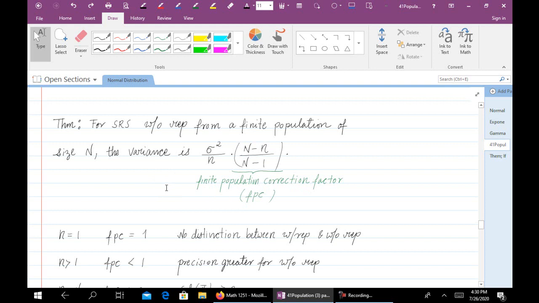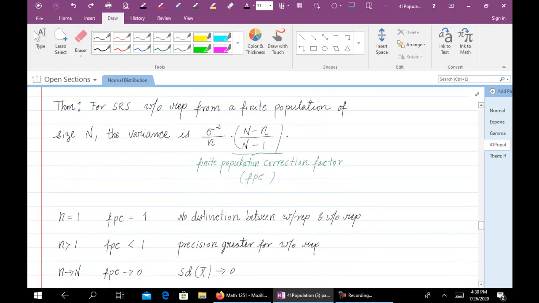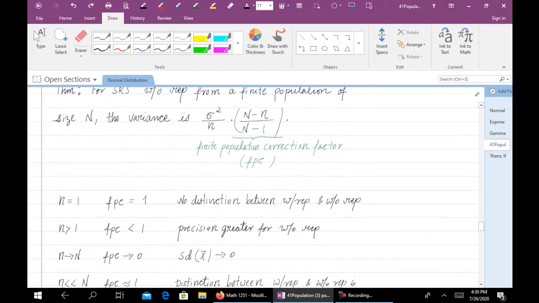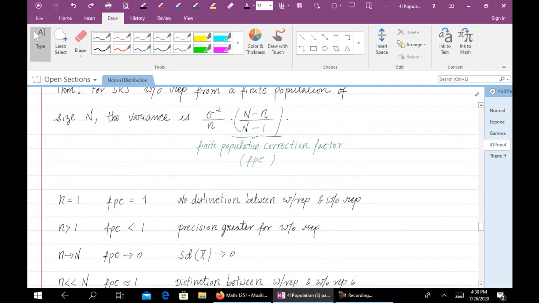Let's say a few words about FPC. When n is 1, the FPC is 1, so in this case the distinction between with and without replacement is not important. If n is greater than 1, then the FPC is less than 1, in which case precision is greater for the case of without replacement sampling.